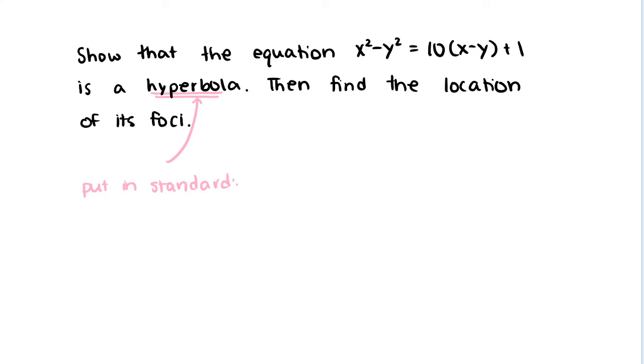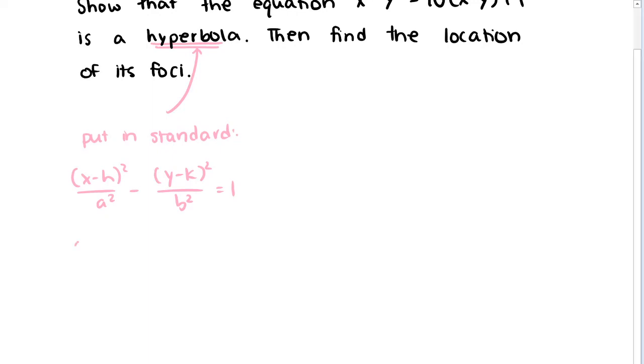So if we can put it in the form either (x minus h) squared over a squared minus (y minus k) squared over b squared is equal to 1, or in the form where we've got the y term as positive, so (y minus k) squared over b squared minus (x minus h) squared over a squared is equal to 1.